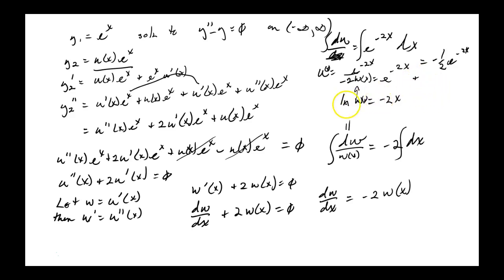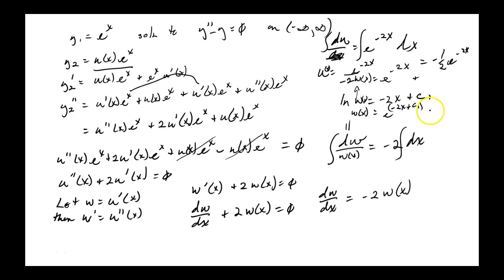Okay, log W is equal to minus 2x plus c. Now they call it plus c1, okay? Now when you exponentiate that, you get the W of x is equal to e to the minus 2x plus c1, right? Is that right? Okay.